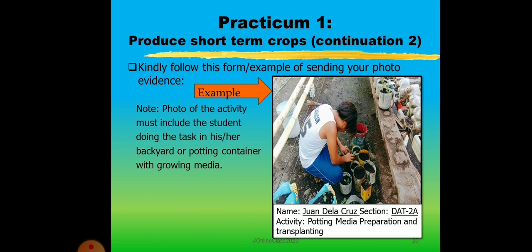Please have your picture taken by your brother or sister or anyone who could take your picture while doing the activity as evidence that you are the one doing your practicum, and label it by stating your name, your section, and the activity you're doing, as you can see in the image.